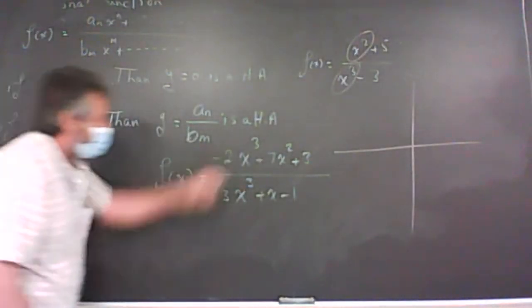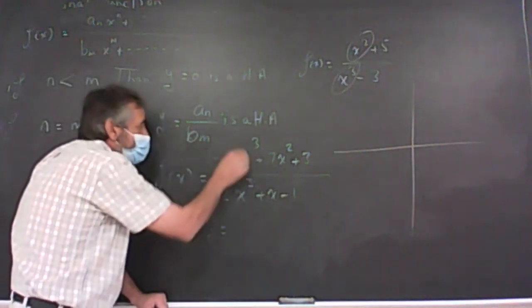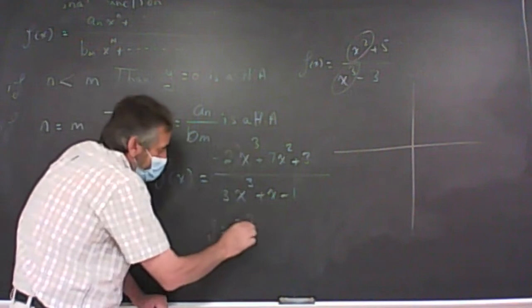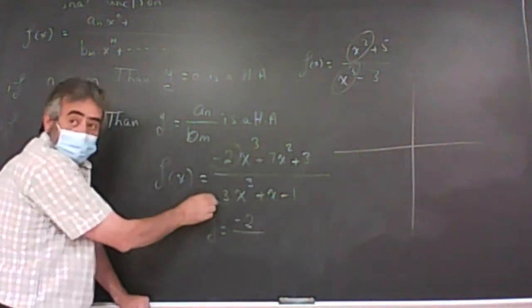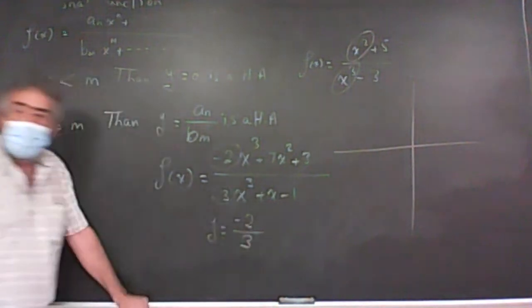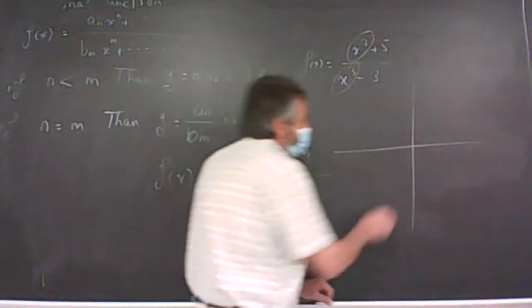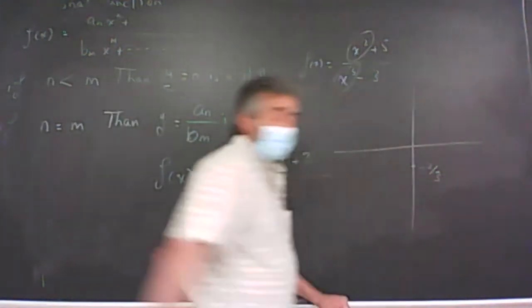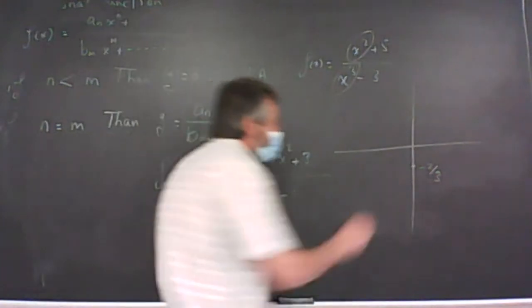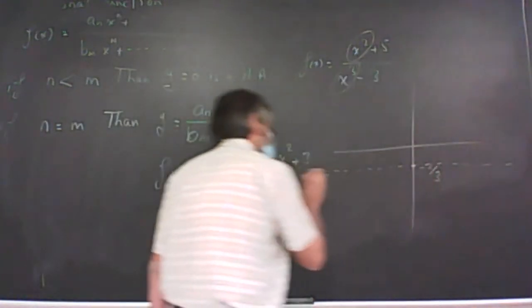What is the asymptote here? y equals the first coefficient, which is -2, divided by this coefficient, which is 3. So if I go to the line, let's say this is -2/3, this line is an asymptote.